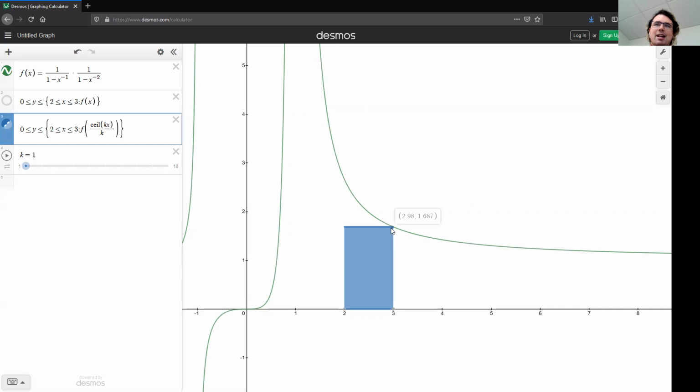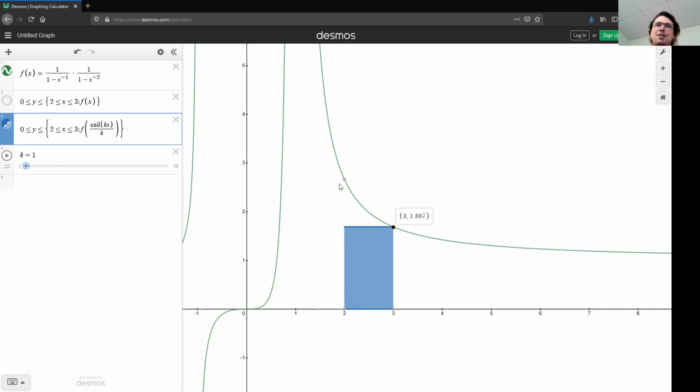And I picked this rectangle to have height exactly 1.687. Why did I pick that height? Because that is the value of my function at x equals 3. That way, this rectangle fits underneath the graph of f of x.